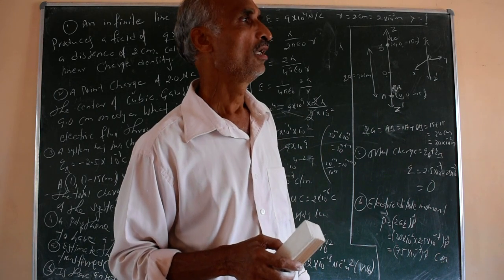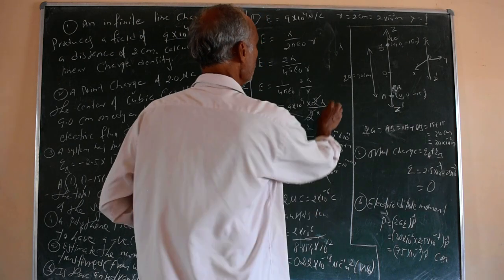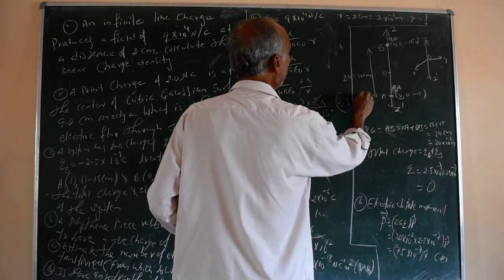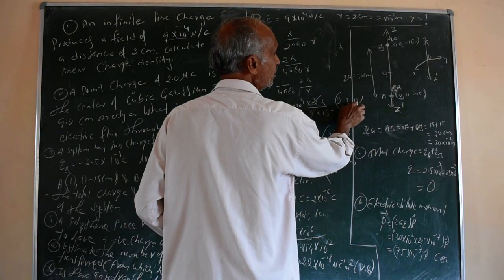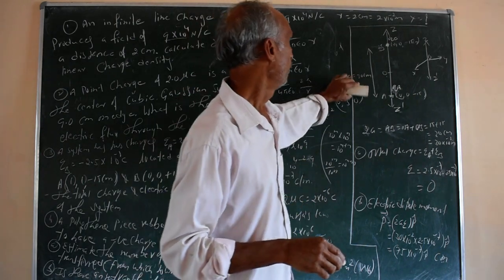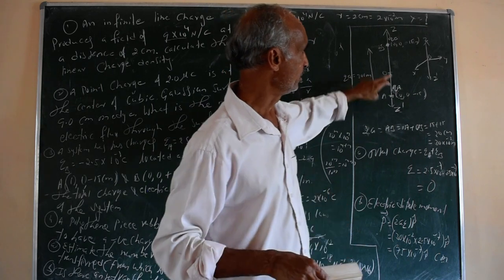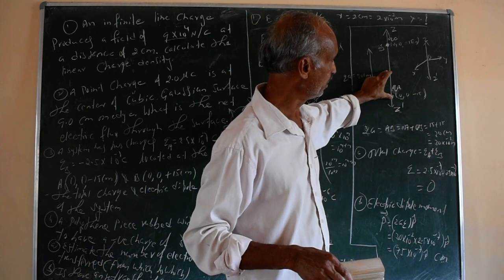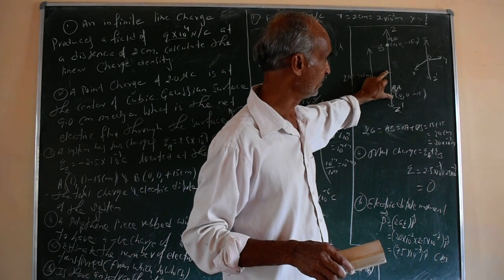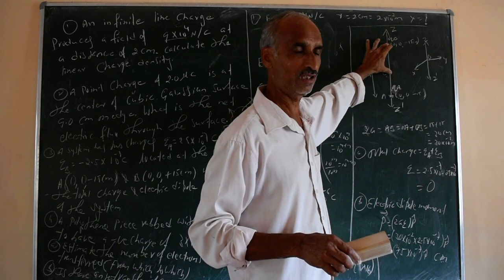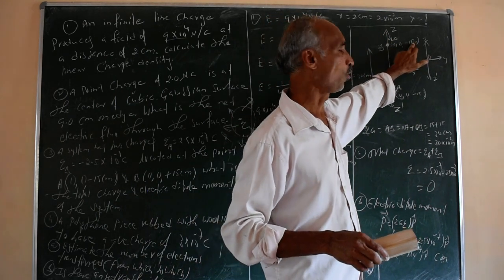On the y axis, x and z coordinates will be 0. 0, 3, 0 is a point on the y axis because x and z are 0. Here x and y are 0, so these are points on the z axis. This is the origin. Minus 15 is the negative side of the z axis, and on the positive side of the z axis the z coordinates are positive.